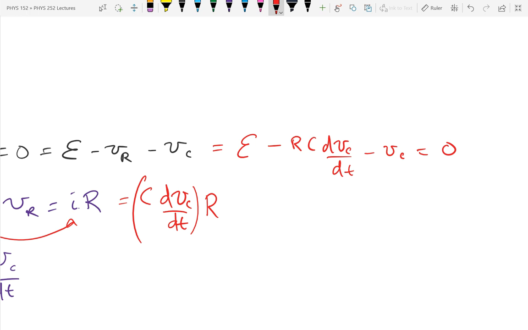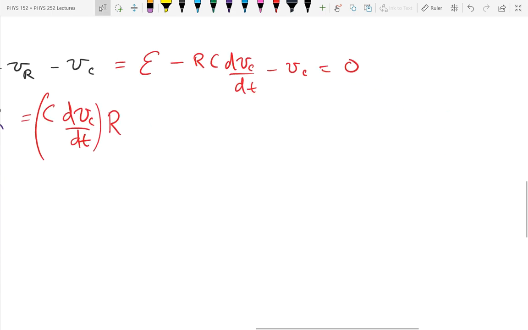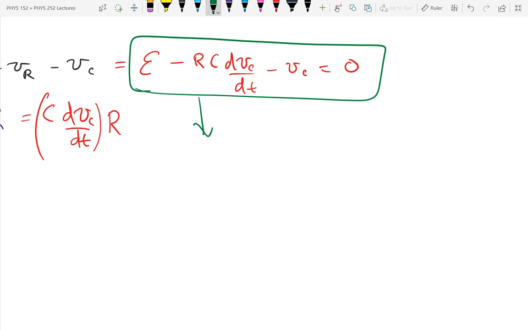Now, in solving an equation like this, what we normally do is we will put the derivative on one side just by itself. So I'm going to divide everything by RC and put everything else on the other side of the equation. So I'm going to rearrange this equation. So this equation here becomes, move this across so it's positive, dVc dt, and right now I'll still leave it with the RC.